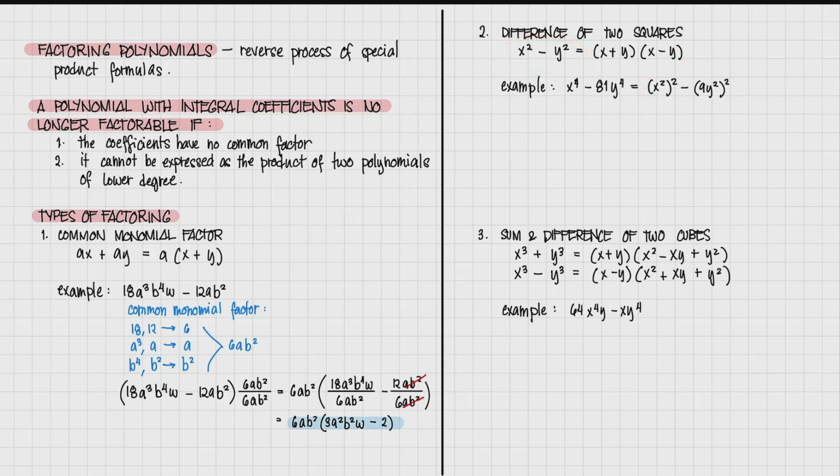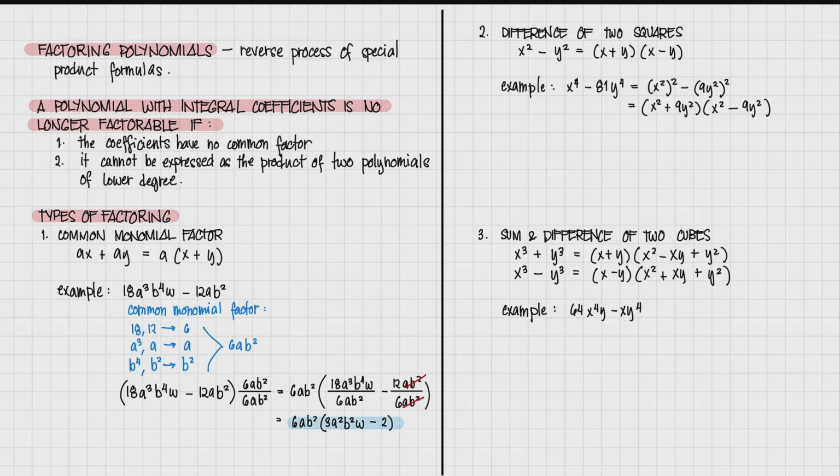Right? So from this, since we've matched the pattern, we could copy this one. So this can now be equal to x squared plus 9y squared, and then x squared minus 9y squared.